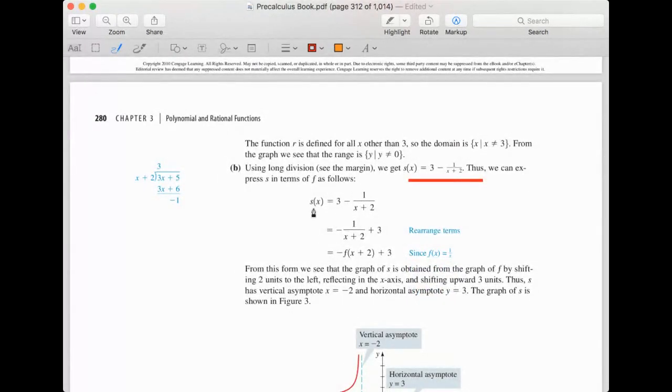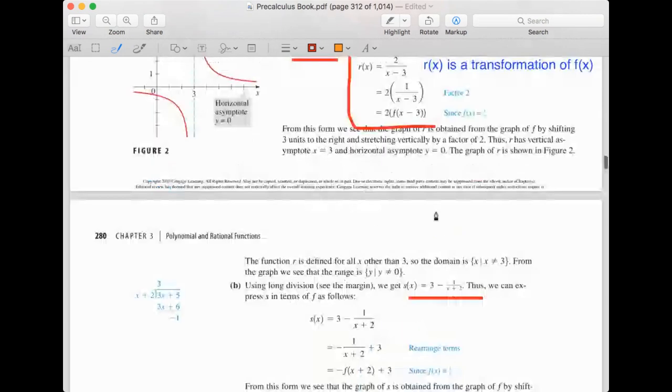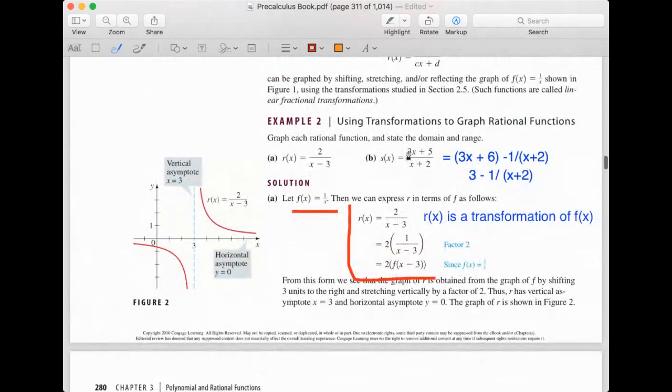So s of x we can rewrite as 3 minus 1 over x plus 2. So how do we get this step? 3x plus 5, we can write as 3x plus 6 minus 1, because 6 minus 1 is 5. Then we can separate this. We can have 3x plus 6 divided by x plus 2 minus 1 divided by x plus 2.